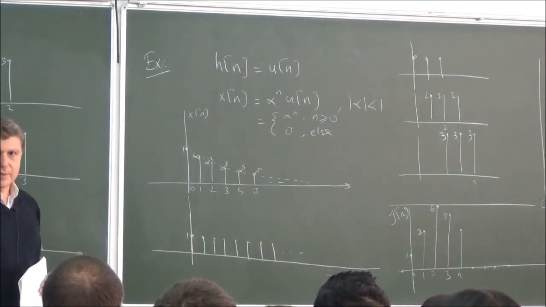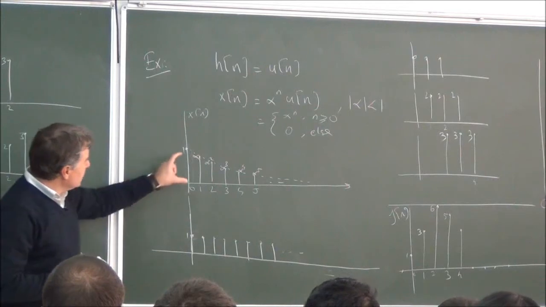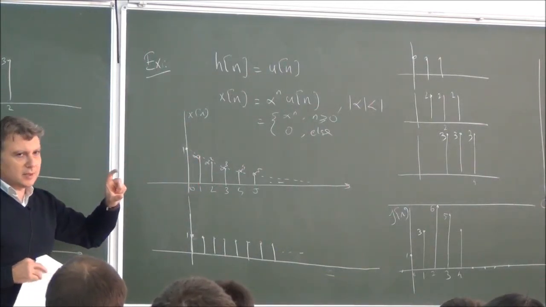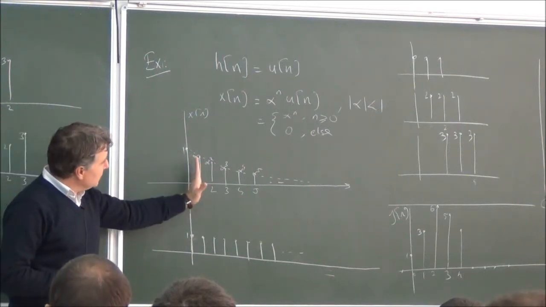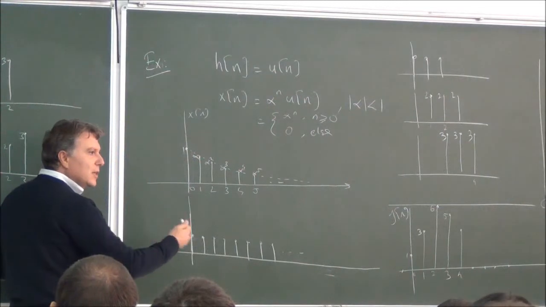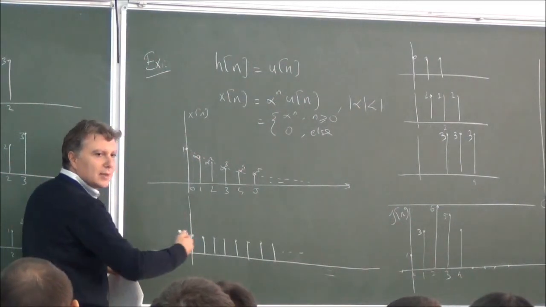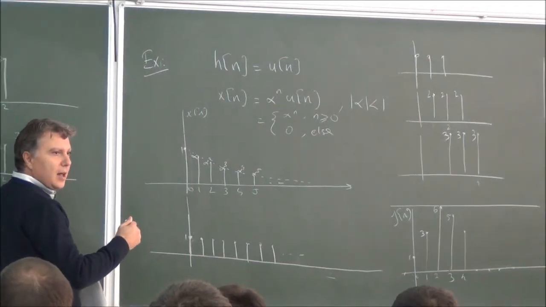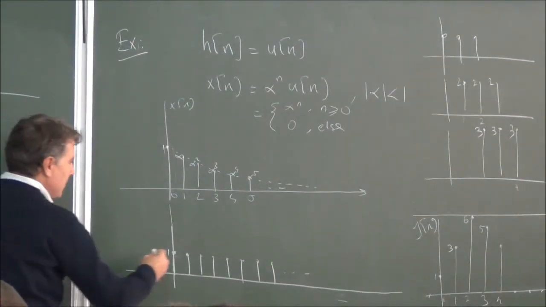Then comes this new impulse whose size is alpha. Its size is not 1, and it is shifted 1 towards the right. Therefore, the response is also a unit step function which is starting from 1, not starting from 0, shifted towards the right. And its value is alpha. It's not 1.